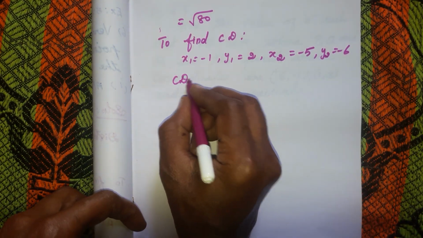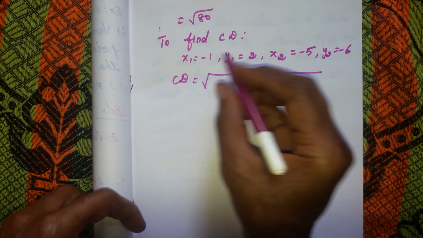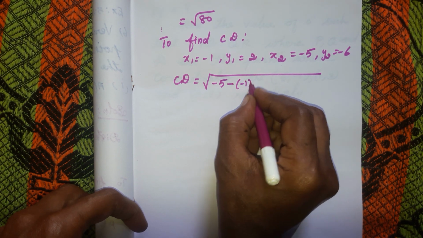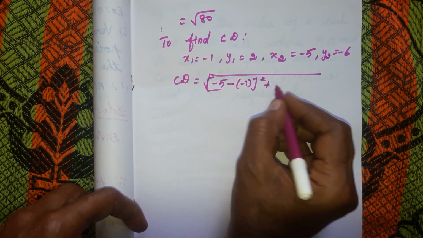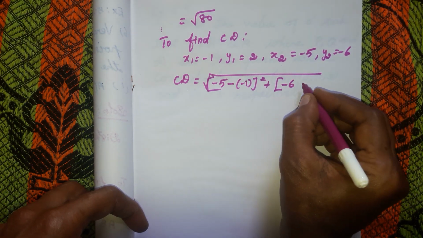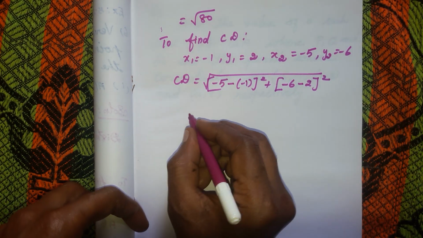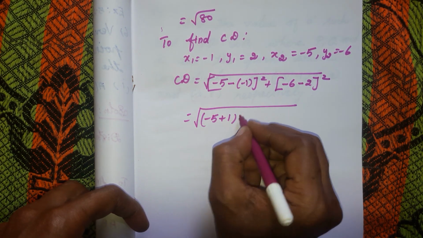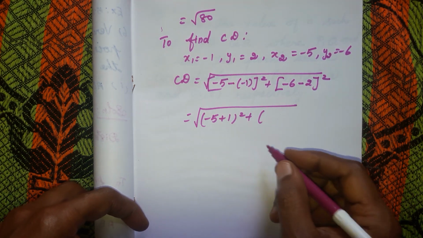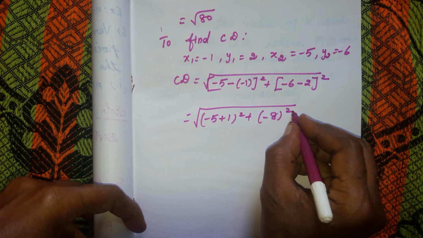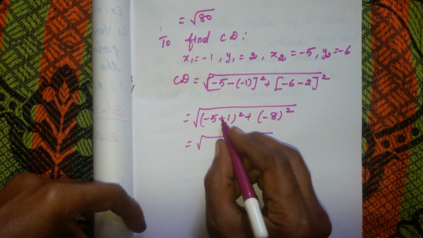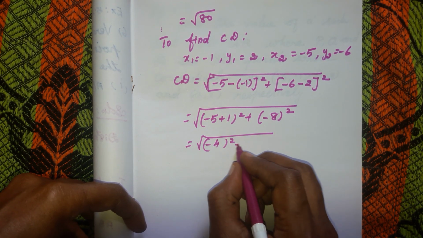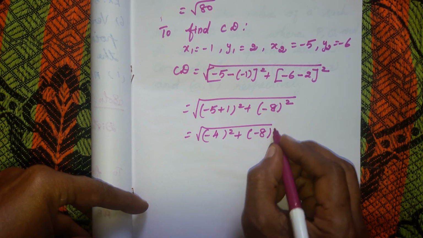Then CD is equal to root of (x2 minus x1) the whole square, minus 5 minus of minus 1 the whole square, plus (y2 minus y1) the whole square, minus 6 minus 2 the whole square. That is minus 5 plus 1, minus 4 the whole square, plus minus 8 the whole square.